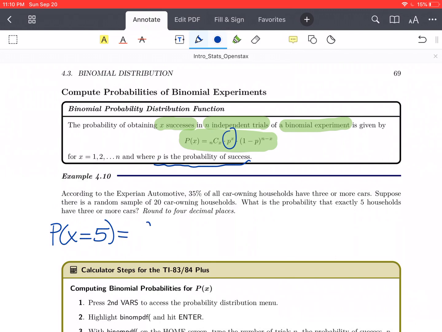So this is going to be a combination: out of our 20 trials, our 20 households, 5 of them are a success, meaning 5 of them have this criteria met.